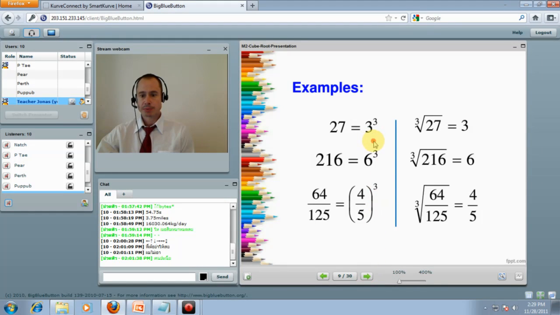So we have more examples here. 27 is the same as 3 raised to the power of 3, and in the same way, the cube root of 27 is 3. And here, 216 is the same as 6 times 6 times 6, which means the cube root of 216 is 6.